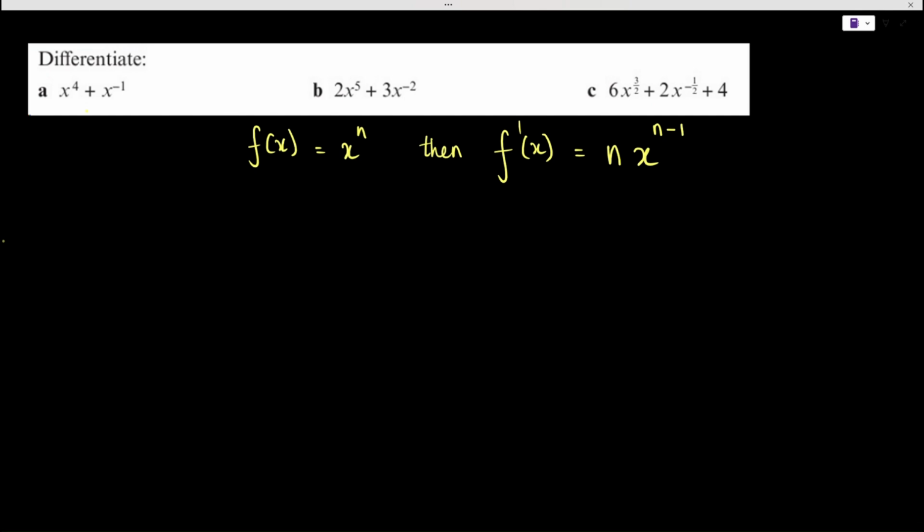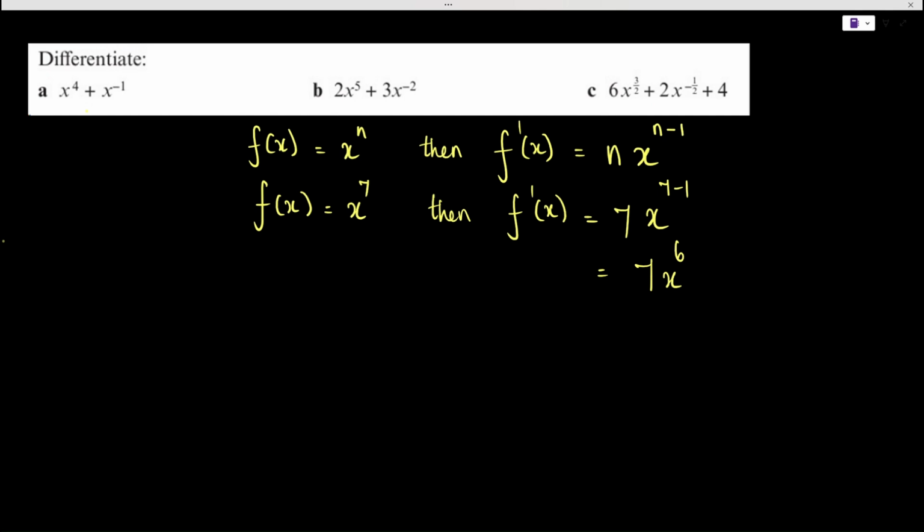As a nice easy example, if we have f(x) equal to x to the power of 7, then f prime of x is equal to 7x, because 7 is the power, and then 7 minus 1 gives 6. So this is equal to 7x to the power of 6. Now we can approach our questions.